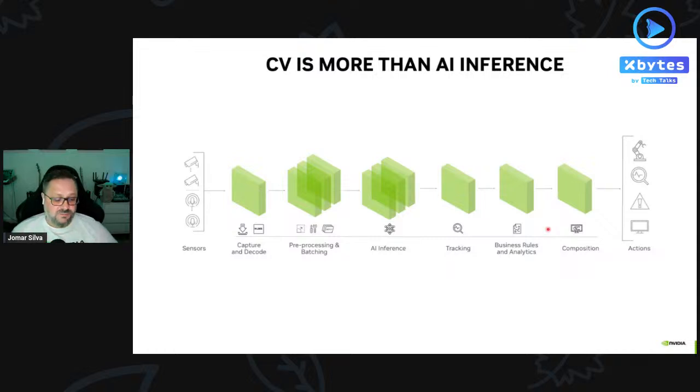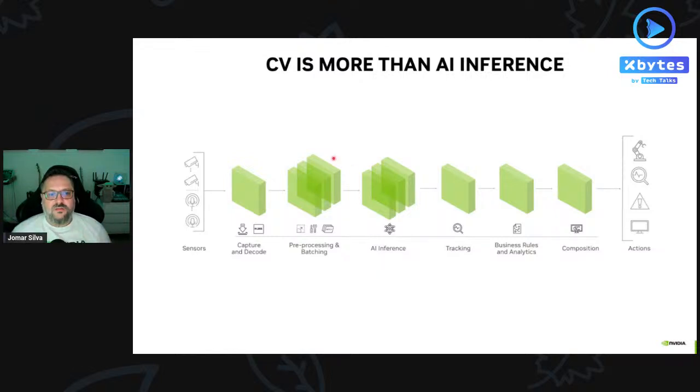Computer vision is much more than AI inference, because for every frame, we need to capture and decode the data. We need to pre-process the image and sometimes do the batching. Then we do inference, tracking to not count the same object twice, for instance, send this extracted metadata to other systems, and finally do the composition.